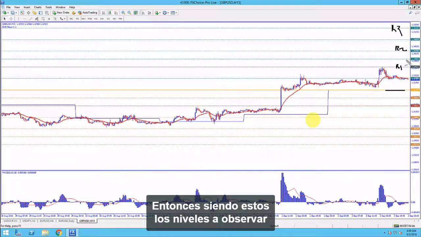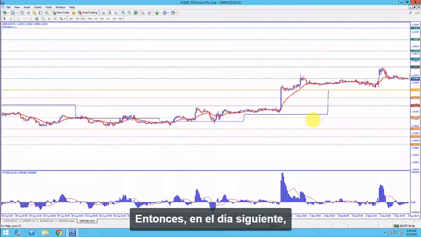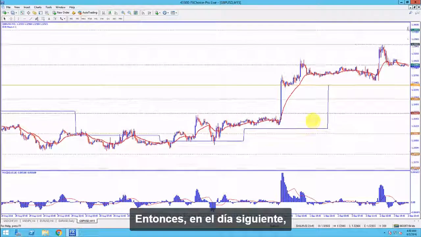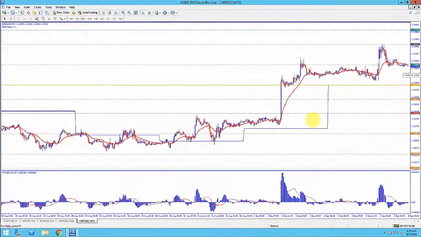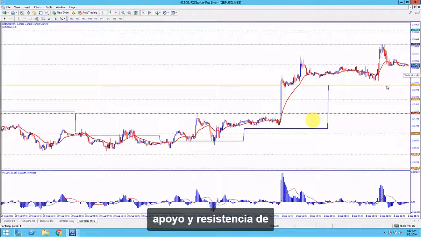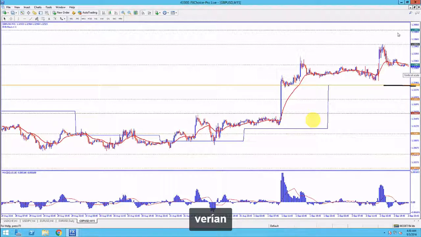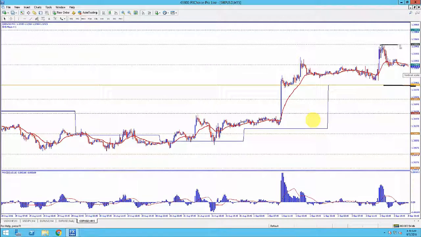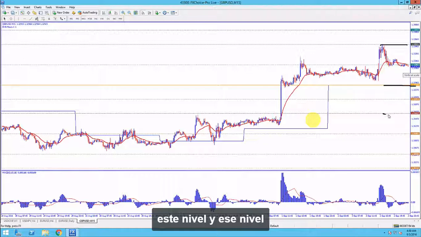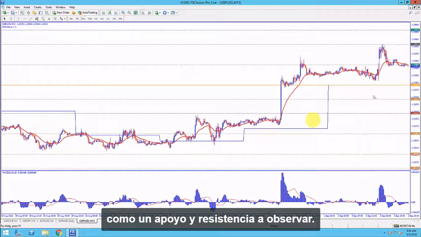So these are the levels to watch for the next day. Going into the next day, looking at support and resistance from the prior day, you would look at this level and that level as support and resistance to watch.